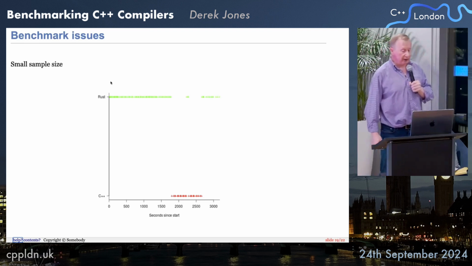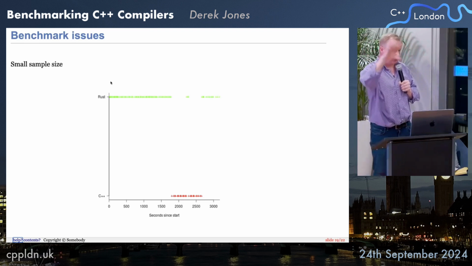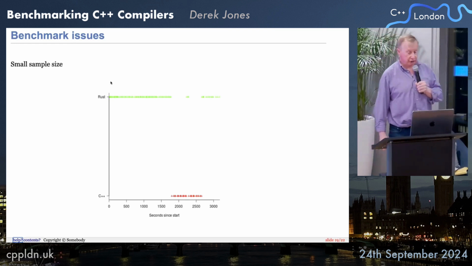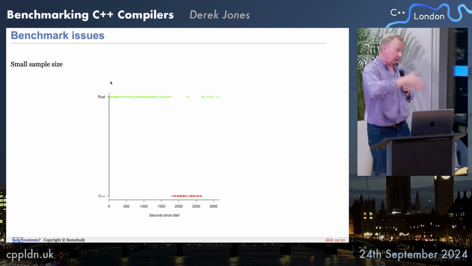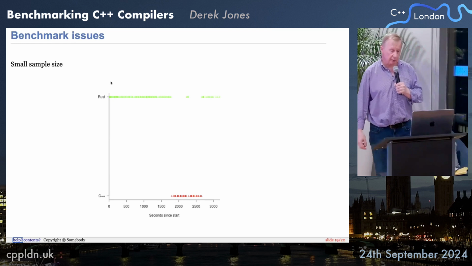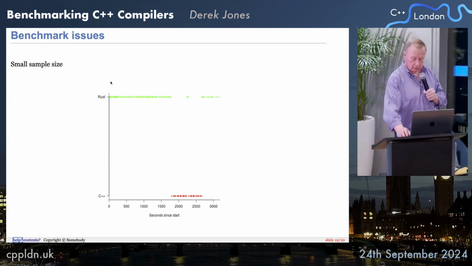The main problem with this is if there are background processes starting and stopping, they will interfere with the measurements. So the way this should have been done, he should have intermixed run Rust, run C++, run Rust, run C++, and so on. So you'd expect this to have some impact on the results.